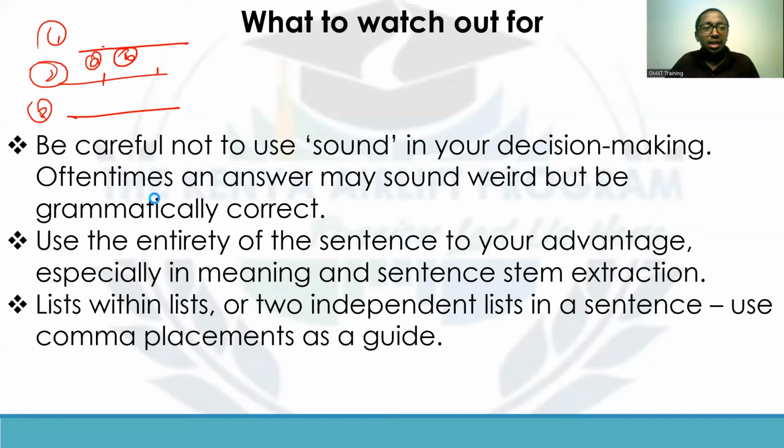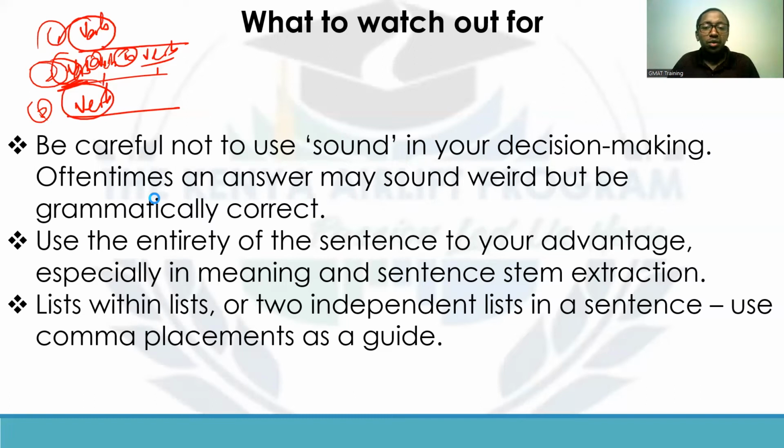In this instance, the verb that's needed is here, not in this small sublist. And then another verb here. So verb, verb, verb. So be careful of this list within a list.